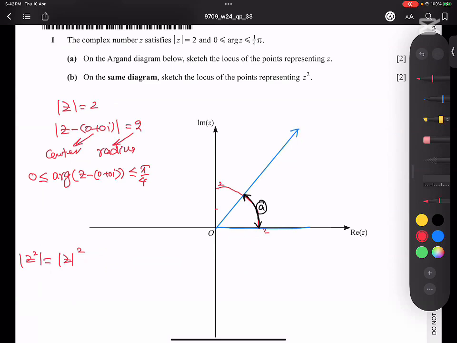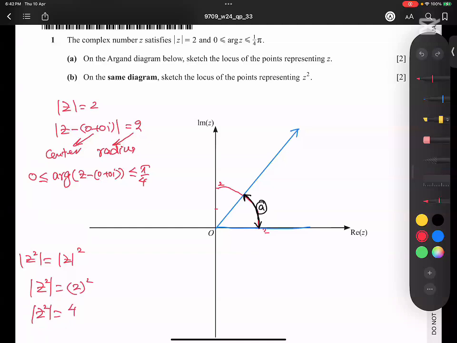Okay, so I'm looking for z square. If I take the square of the modulus, I get my answer. So the modulus of z square is 2 squared, which gives us 4. So this is done. The modulus of the locus is 4.